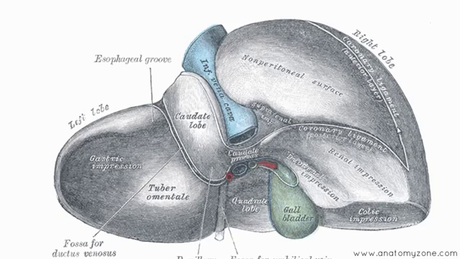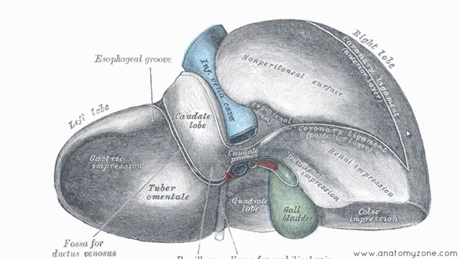So this coronary ligament demarcates an area of the liver which is non-peritoneal. There's a bare area on the liver where there is no peritoneum. This is called the bare area of the liver, and this part of the liver is in direct contact with the diaphragm.